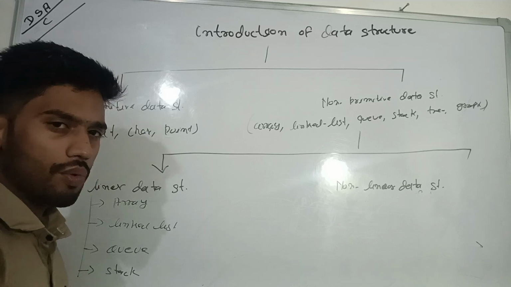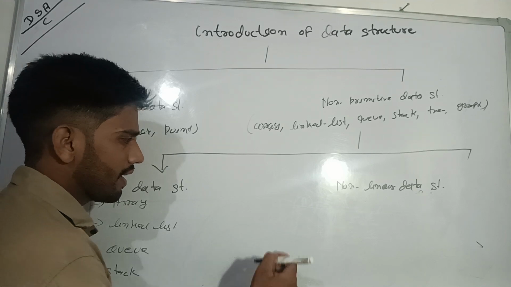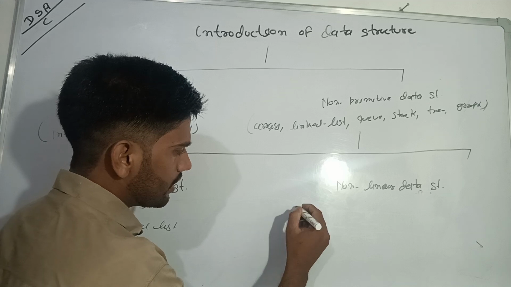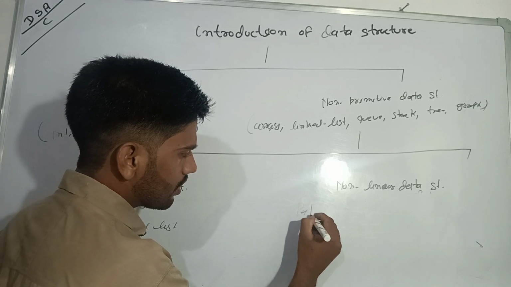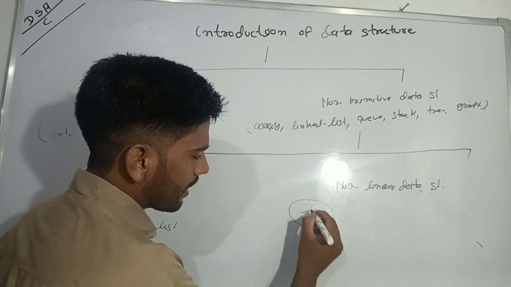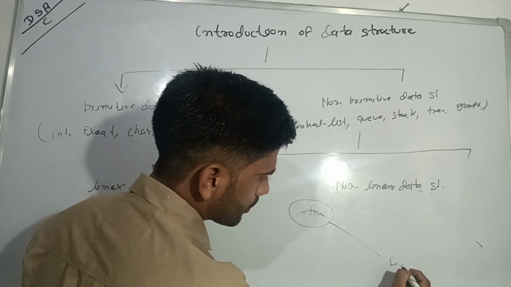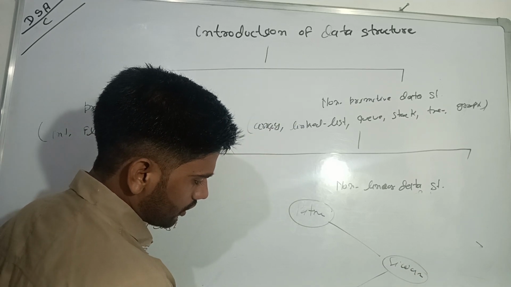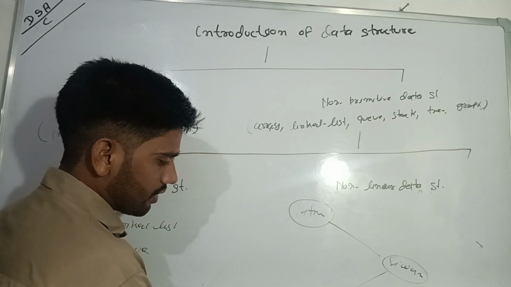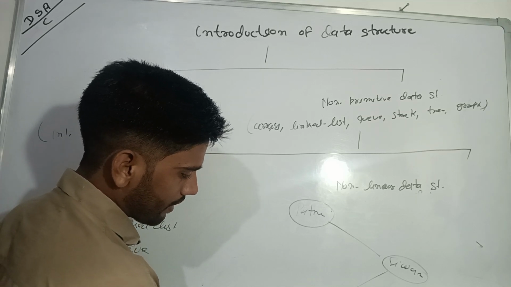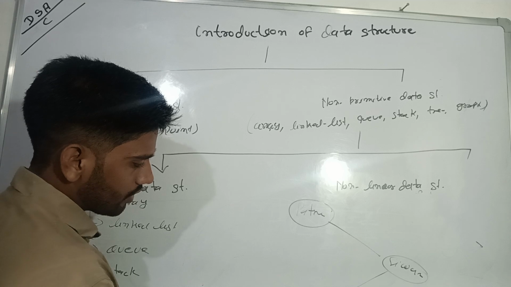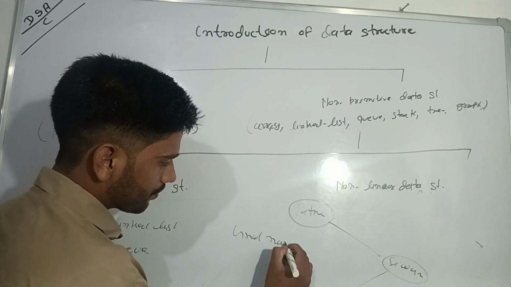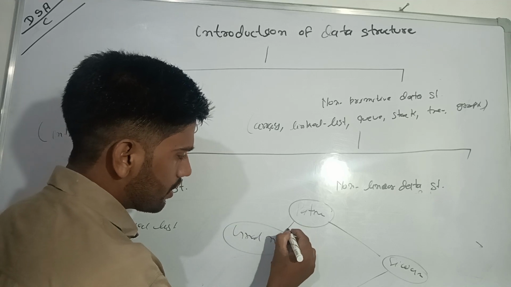And also we can take a graph. Suppose here is Patna and the second one is Siwan, and here is Delhi, and here is Greater Noida, right?